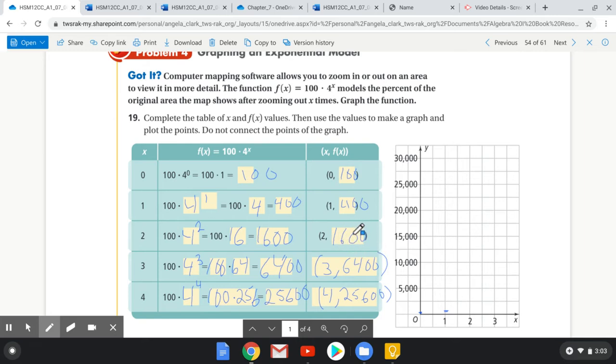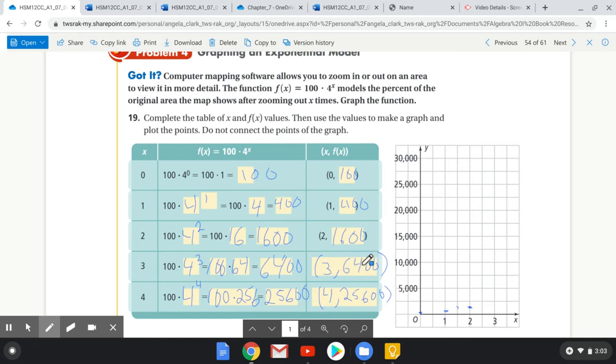Then 1,600, remember I said this line is going to be half of this line, so 2,500. So this is a little more than half of that. So over here at 2, I'm just going to approximate. It's going to be a little more than half, something like that.